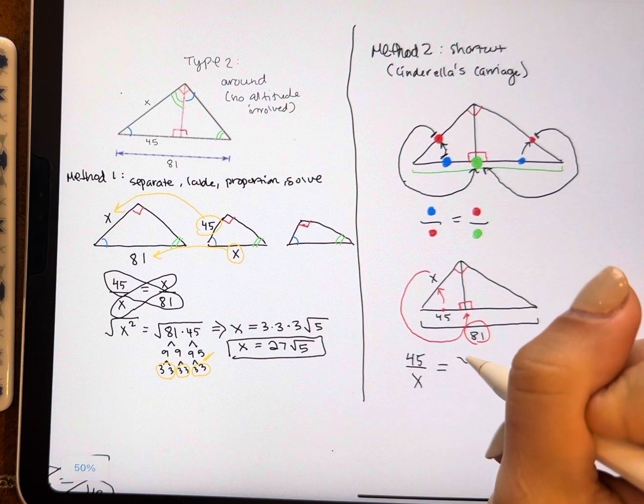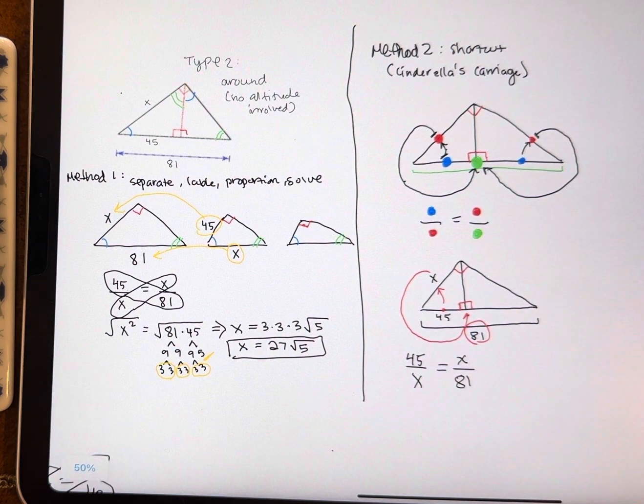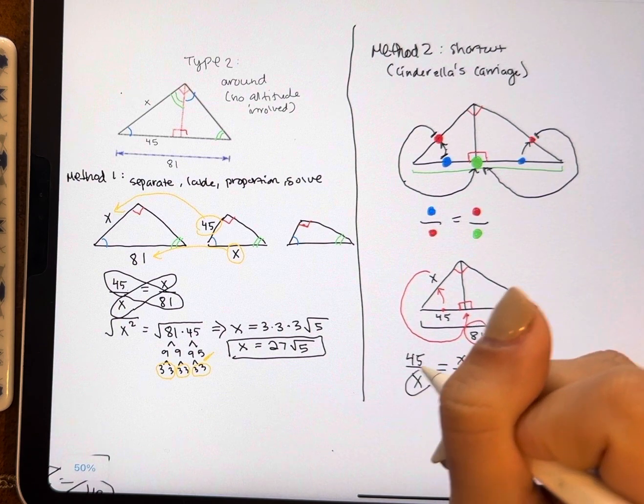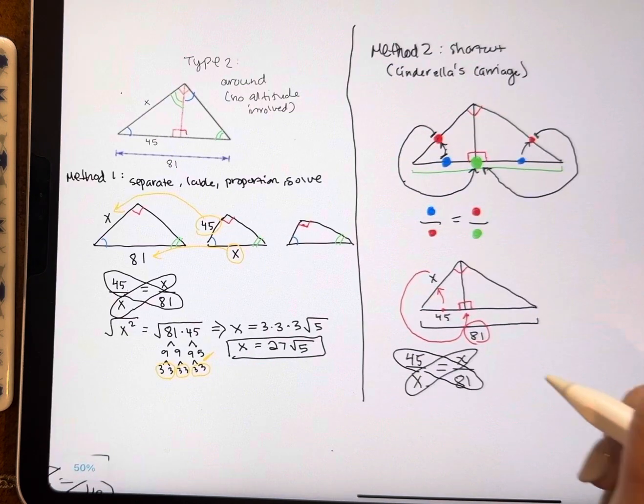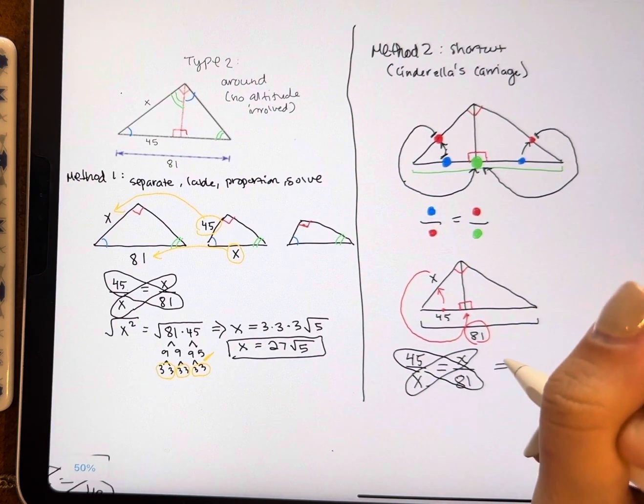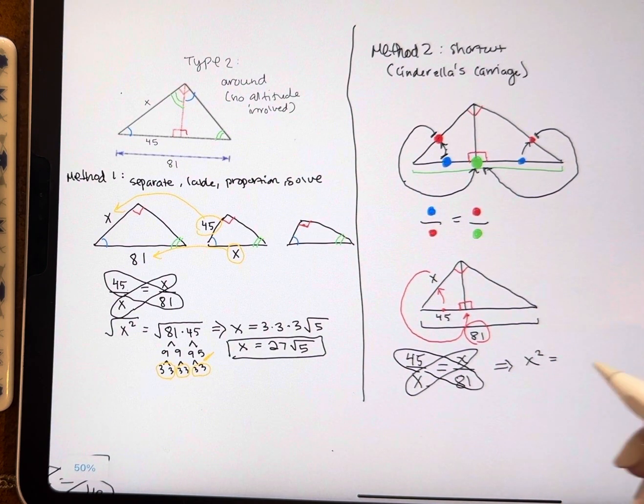So equals X over 81. So you can see that that gave me the same ratio. But even if it hadn't, I wouldn't judge it until after I cross multiplied. So I'll cross multiply and I'll get that x squared equals, again, 45 times 81. I don't know what that is.